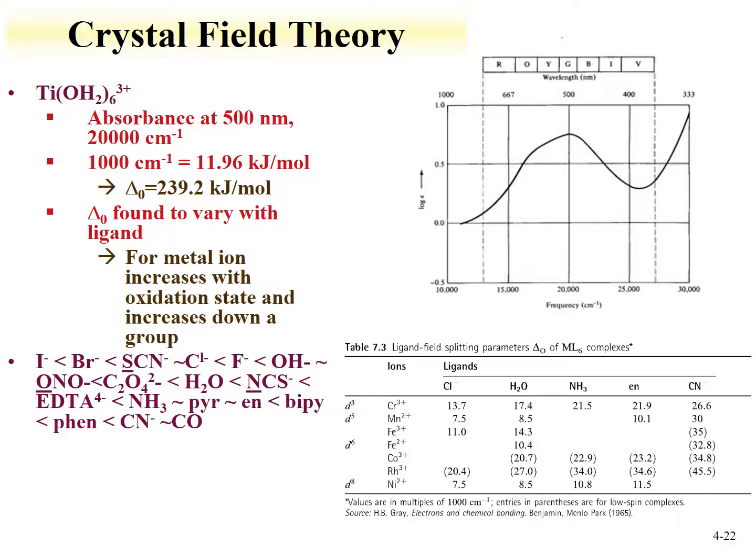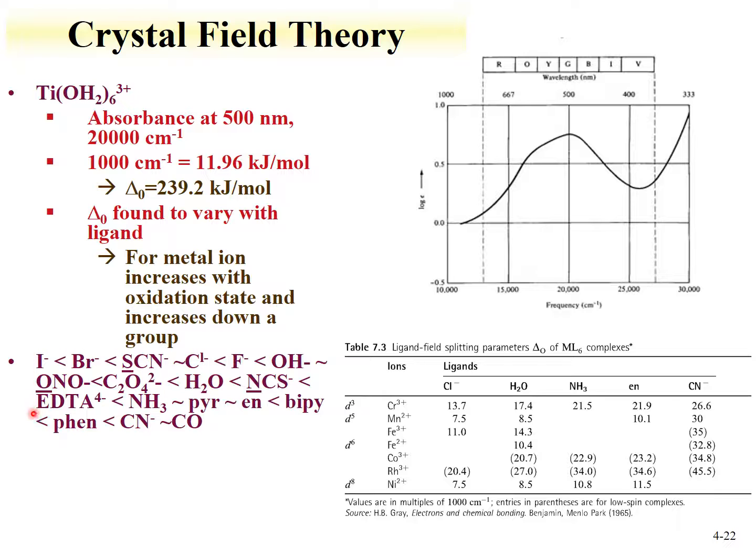We already know that we can use UV-vis spectroscopy to determine the speciation, but that change in the wavelength can also be used to determine changes in the molecular orbital of the complex. For a metal ion, the ligand field parameter increases with oxidation state and increases down a group.